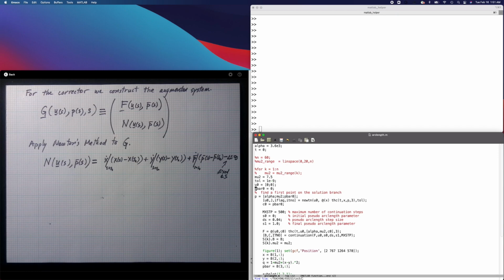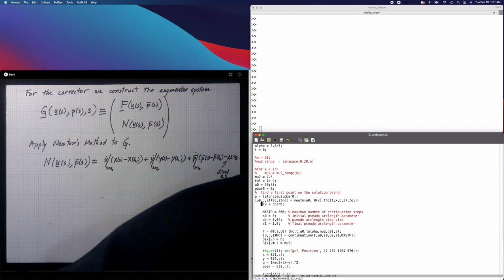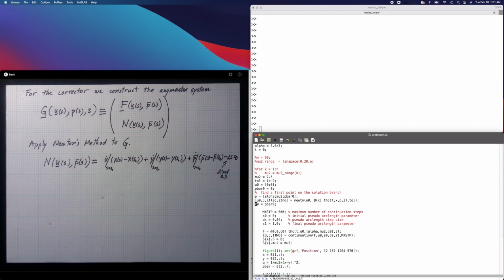P bar, I'm going to start at 0. P bar 0 is 0. I'm going to first apply Newton's method to find a first solution, my u naught, p bar naught, to make sure that I am on a solution. So the continuation parameter is going to be called c naught when I call the continuation code. So c naught here is p bar in my case.